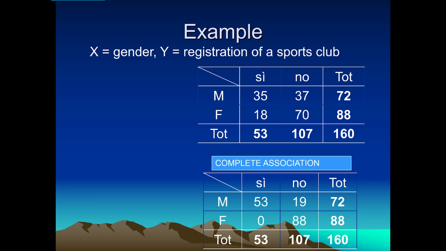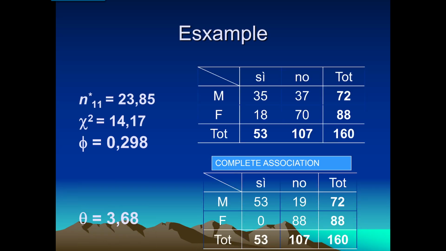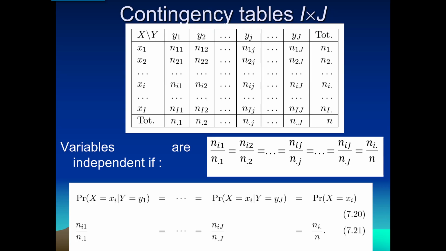So this is the case of association which is called complete: the maximum possible association, given that the marginals are fixed. And if you want to compute all these indexes, you can compute all of them.